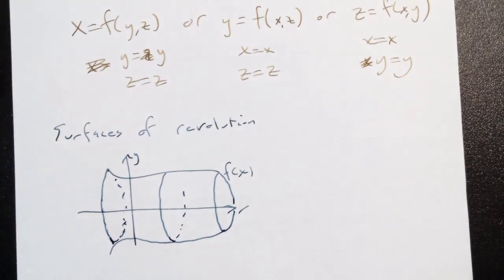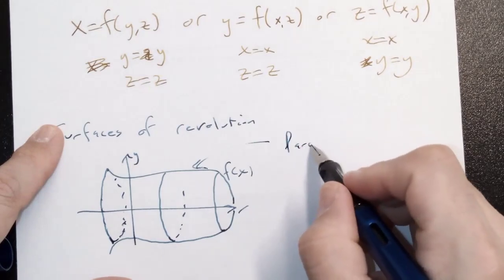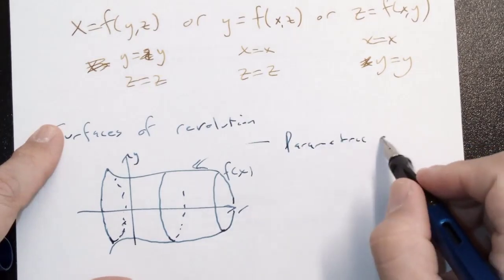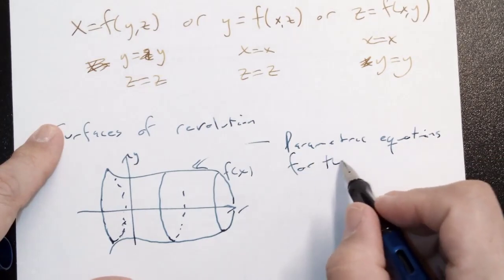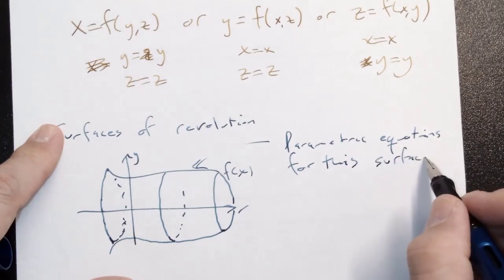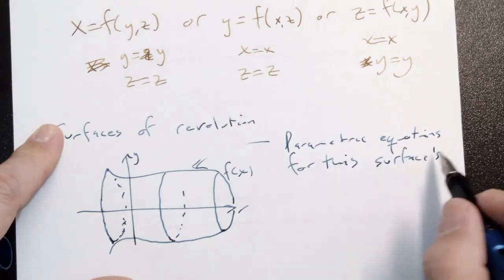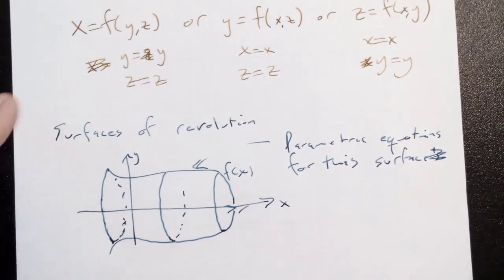I've built a surface, this piece of a tube, right? If I want this tube, this surface, what's the equation for this surface?